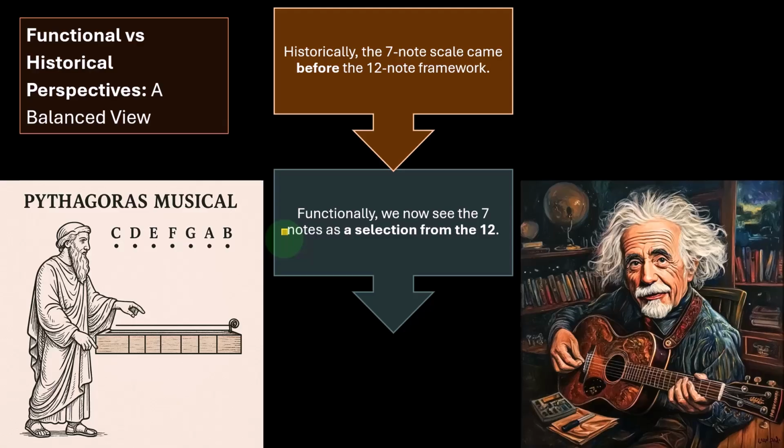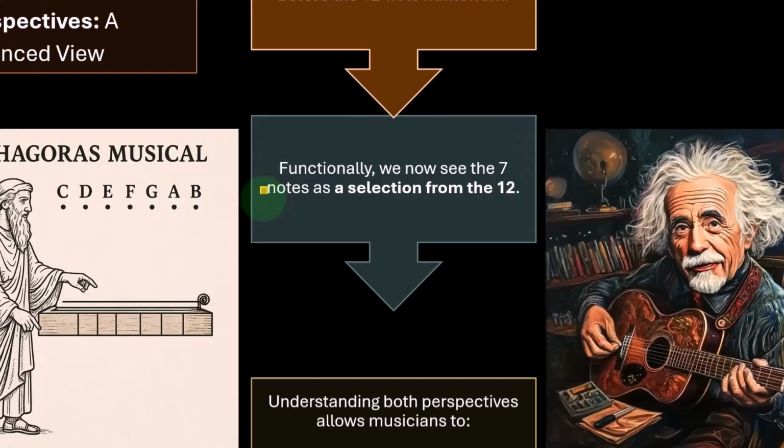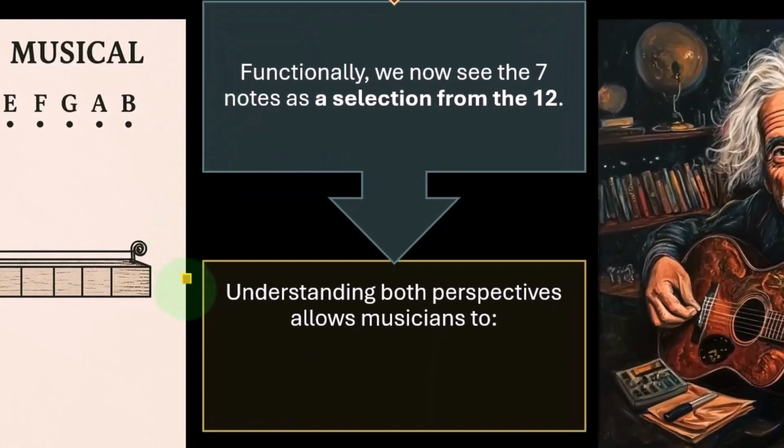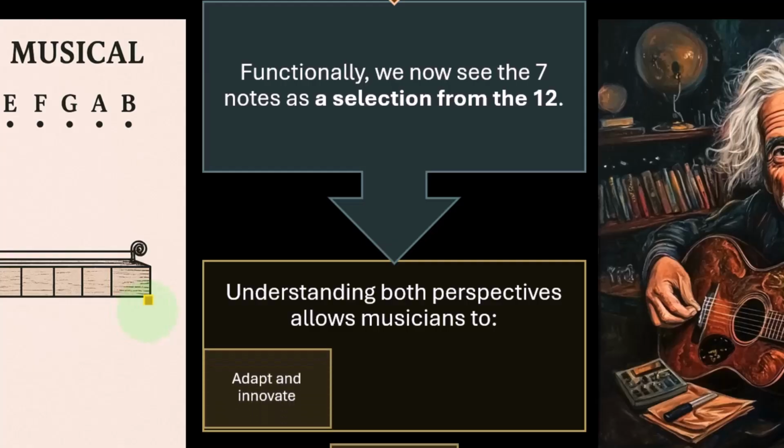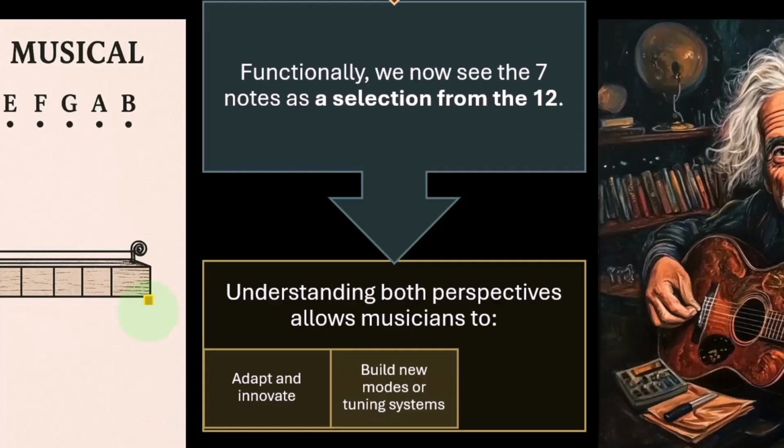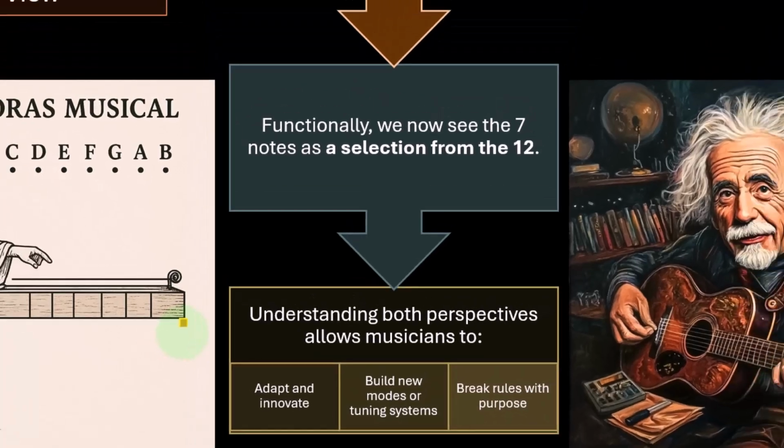It's on the table now. I don't want to repeat it historically, dogmatically, just because that's the way it happened throughout history. I want to learn it the way that is functionally easiest to make the engine, to learn it fastest so I can do stuff with it. So understanding both perspectives allows musicians to innovate, build new modes and tuning systems, and break rules with purpose.